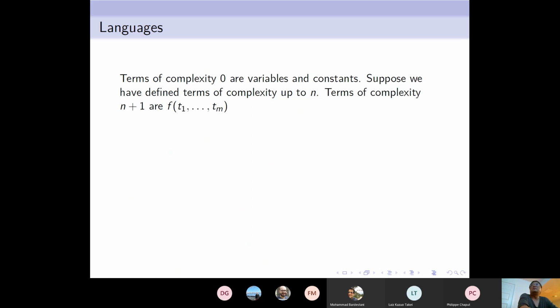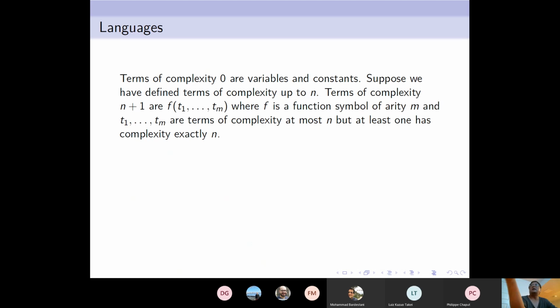Terms of complexity n+1 are f(t1, ..., tm), where f is a function symbol of arity m, and t1 up to tm have complexity at most n, but one of them has to have complexity n. So this is terms.